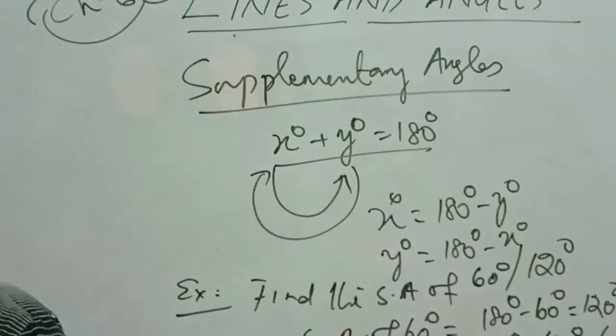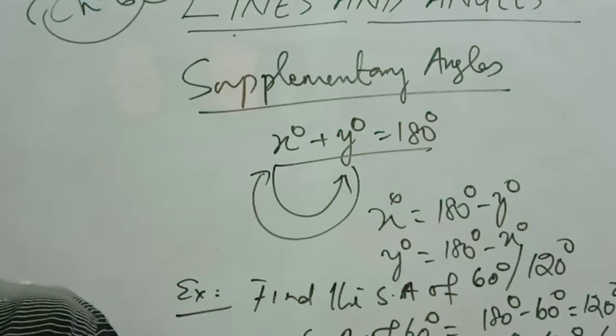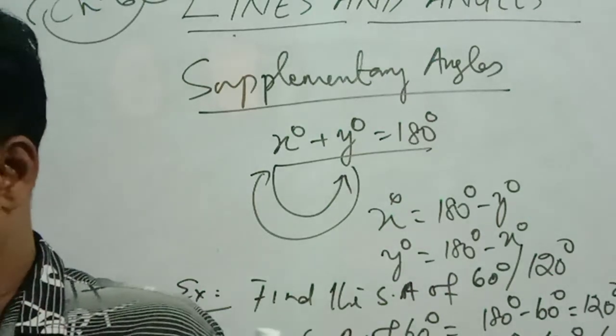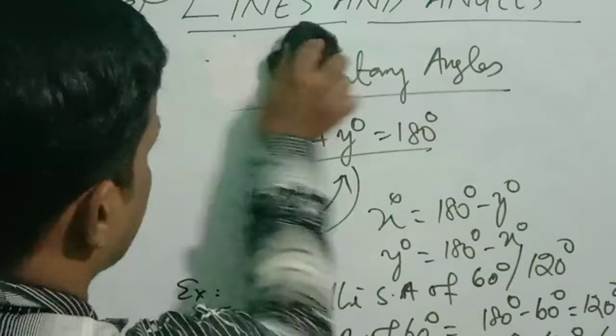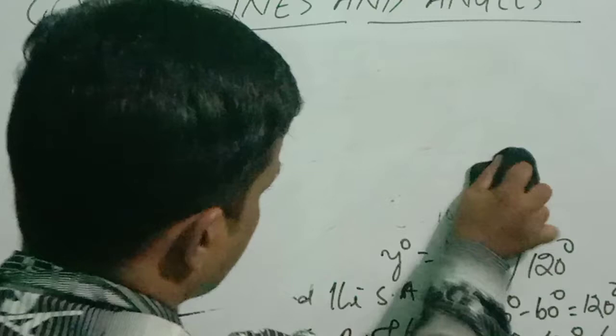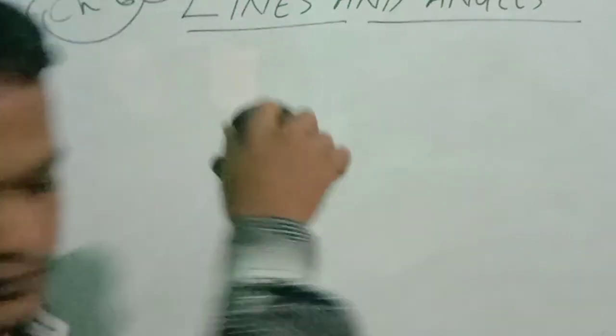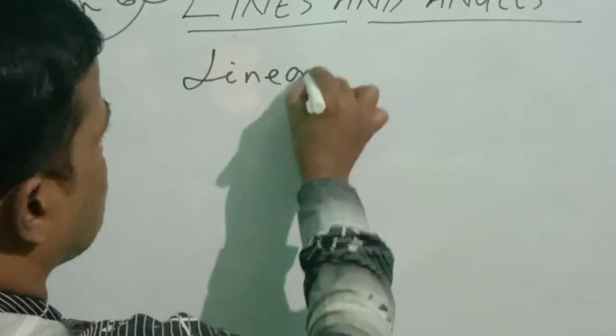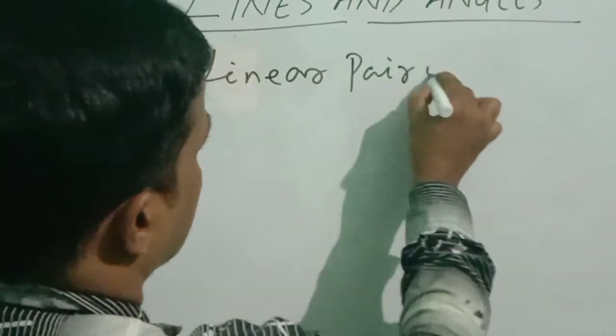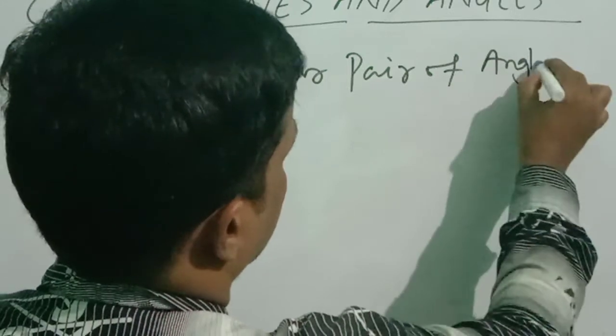Okay. Now let us see linear pair of angles. Let us draw one.